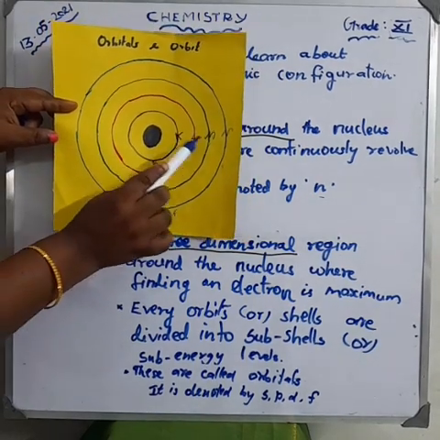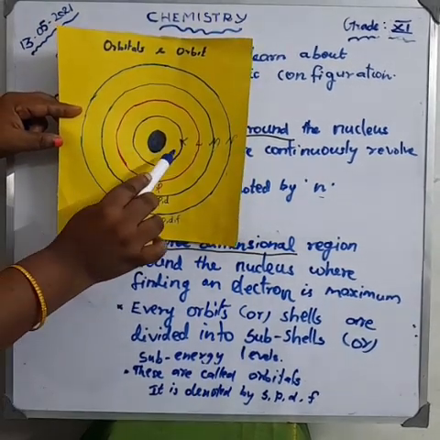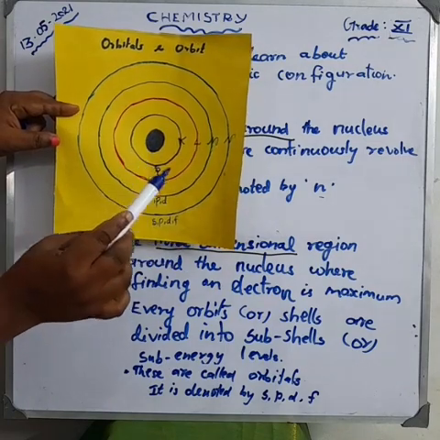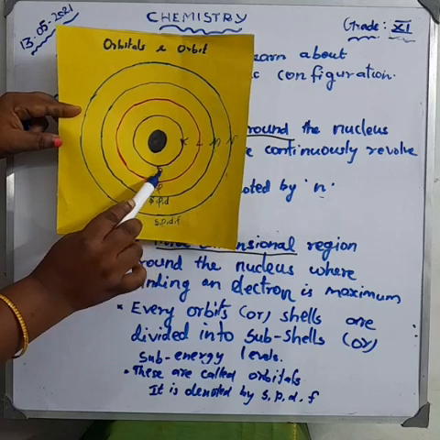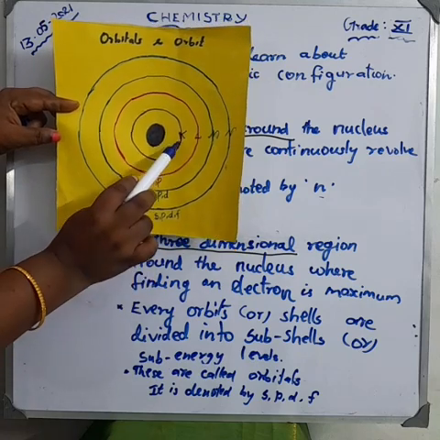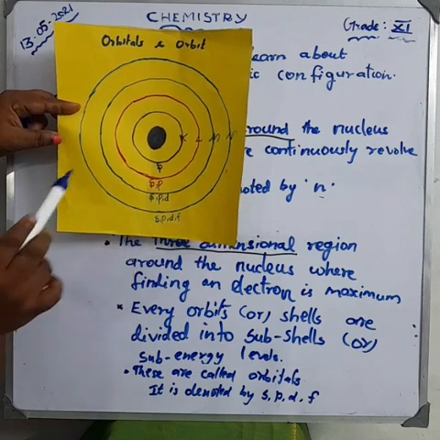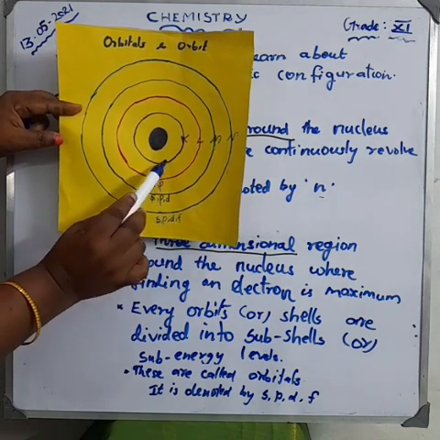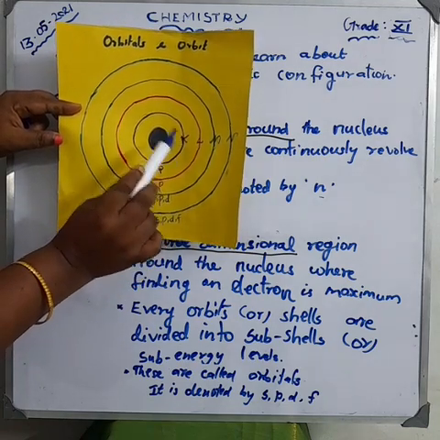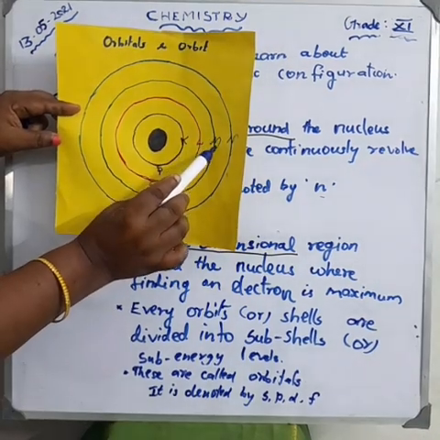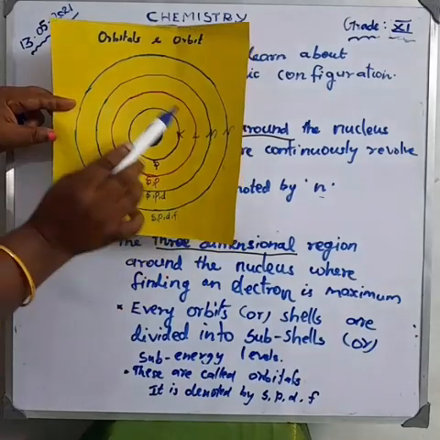And every orbit or shell is divided into subshells. For example, this is K orbit, this is L orbit, this is M orbit and this is N orbit.